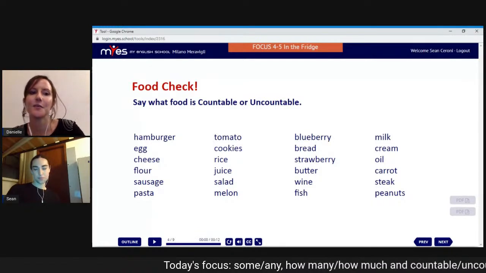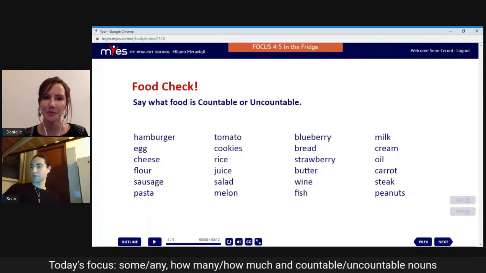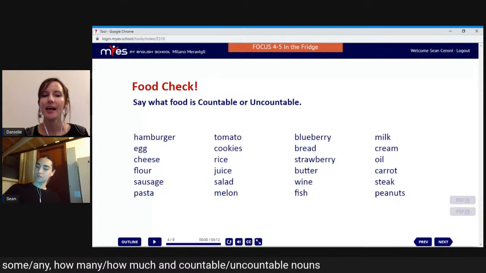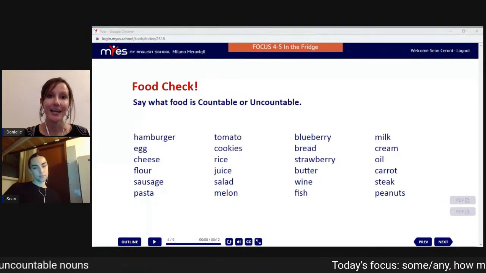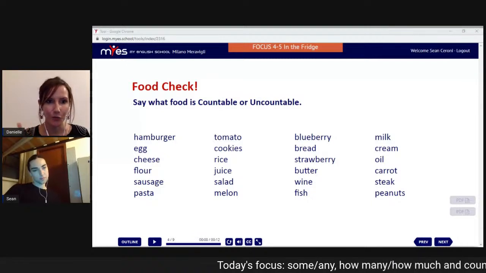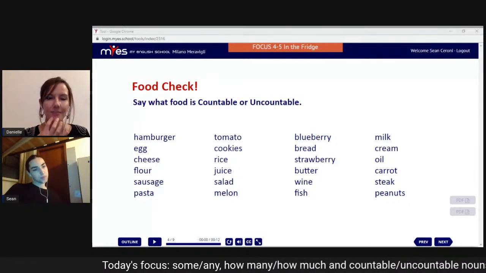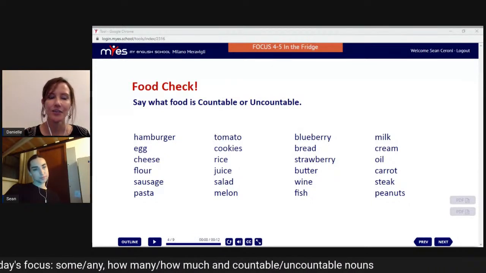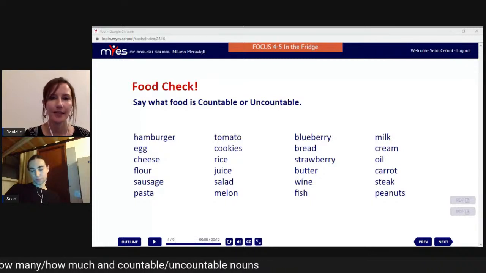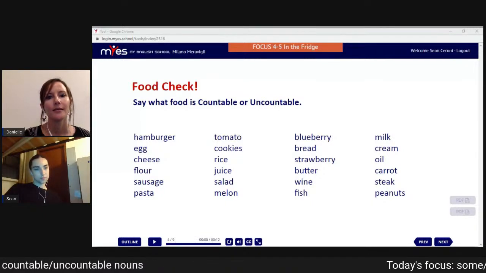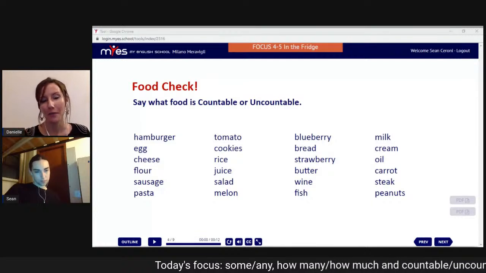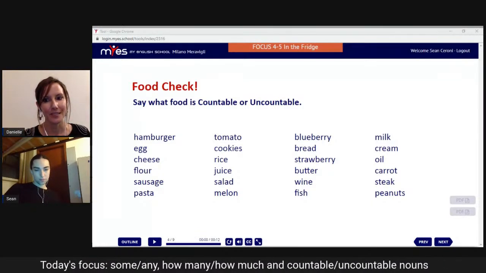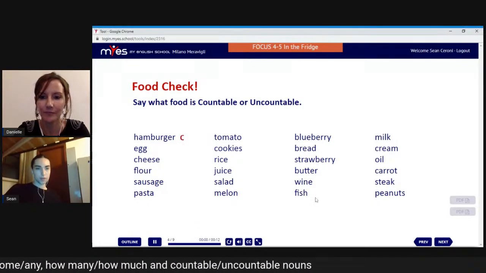So remember, guys, countable means you can have a plural for this thing, and uncountable means there's no plural. So it's the same as in Italian. In Italian, you have some countable and some uncountable nouns. So a hamburger, you have one hamburger, two hamburgers. So it's countable.